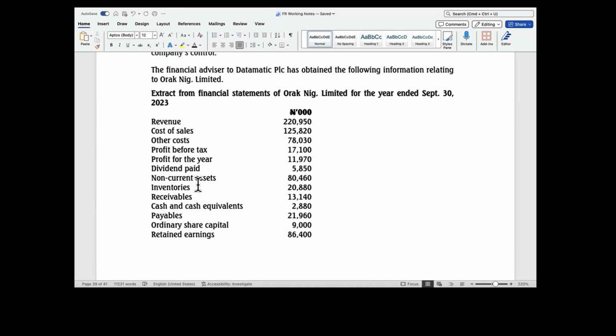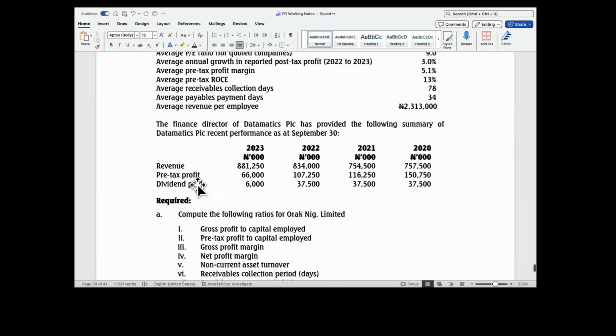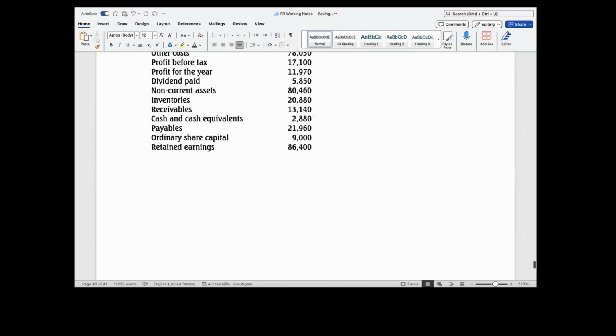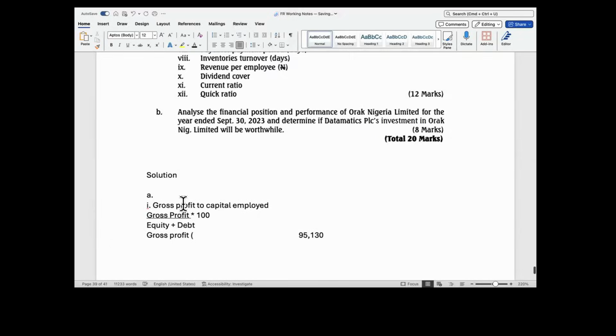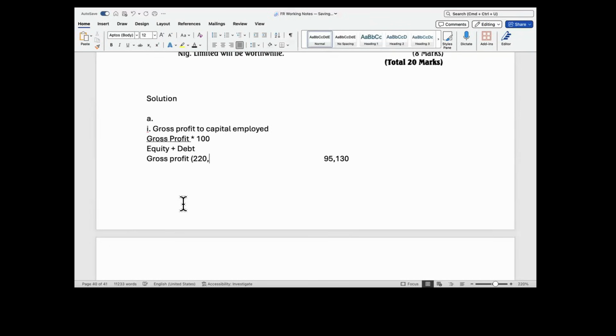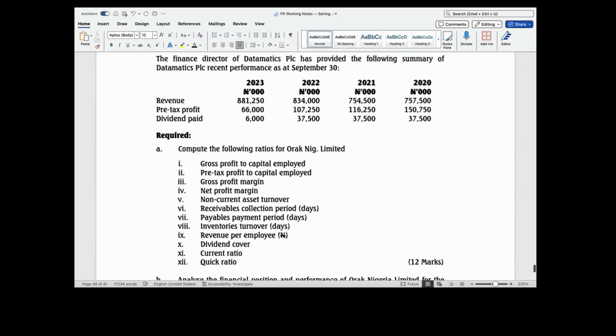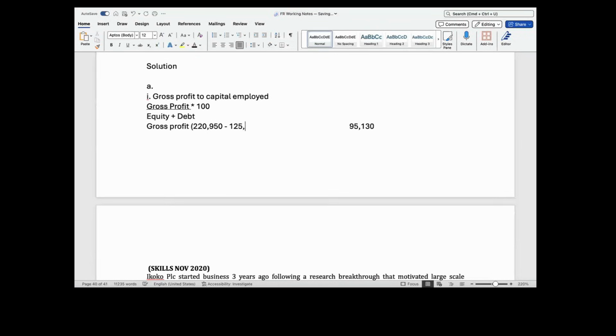What would that give us? 95,130. Okay, I hope you remember how we got it, or you want me to write it in bracket? So 220,950 minus 125,820.